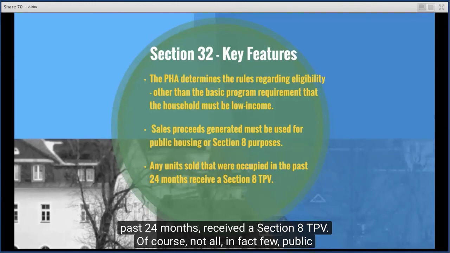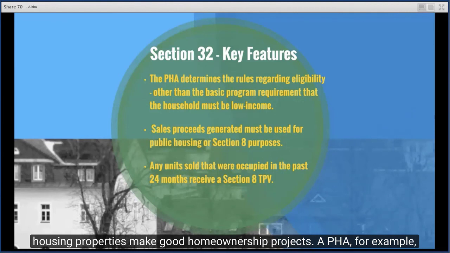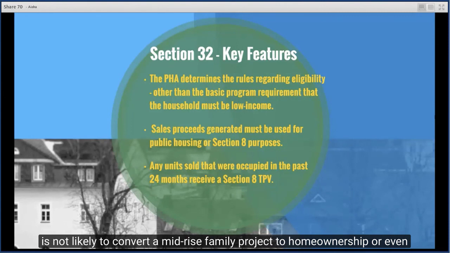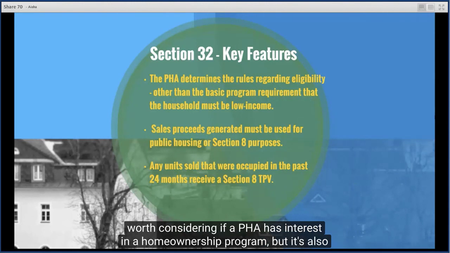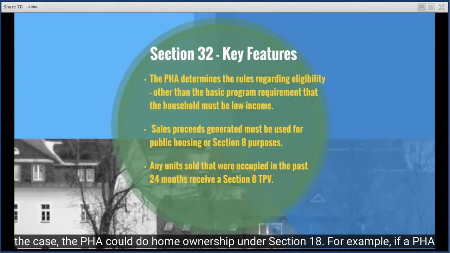Of course, not all, in fact few, public housing properties make good homeownership projects. A PHA, for example, is not likely to convert a mid-rise family project to homeownership or even a senior high-rise, but scattered sites, on the other hand, might be something worth considering if a PHA has interest in a homeownership program, but it's also the case that a PHA could do homeownership under Section 18.